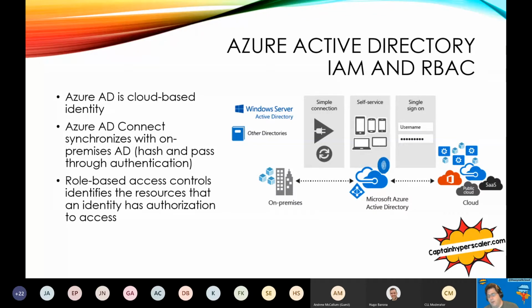So if you have a website that you want to force people to log into, and it's not going to be specific to your organization, you could have them use a LinkedIn profile or a Facebook profile to log into that source.